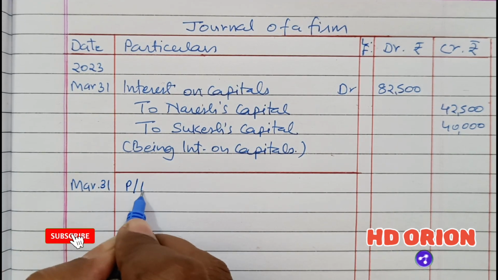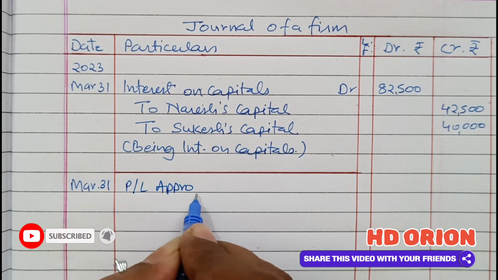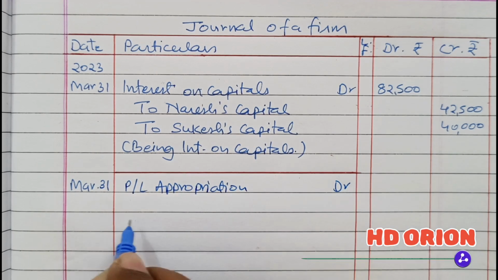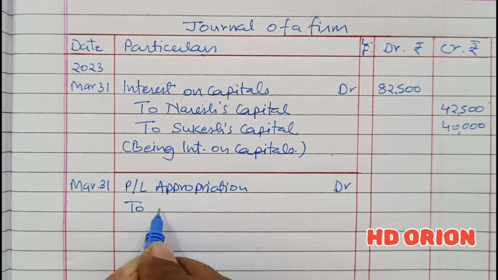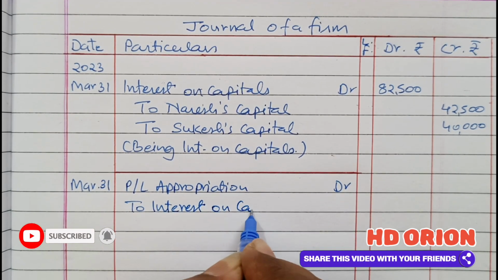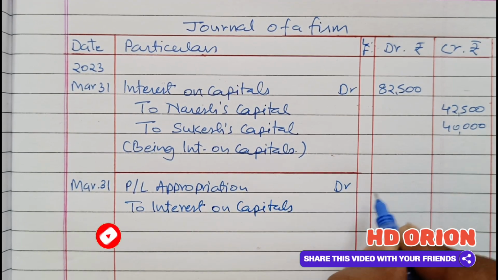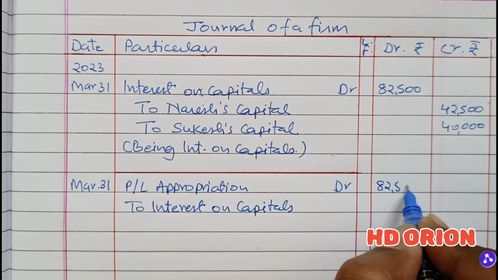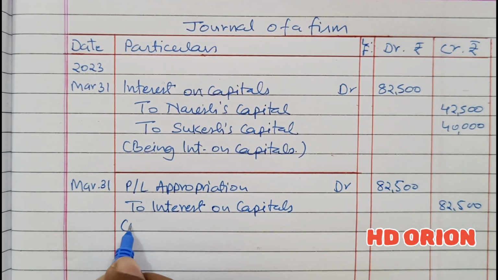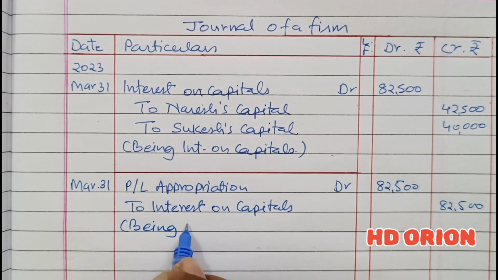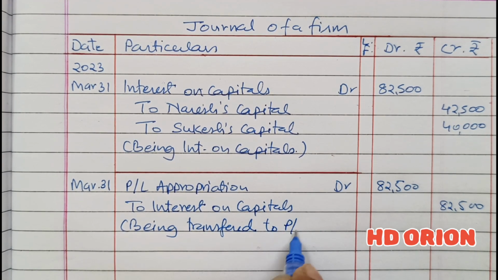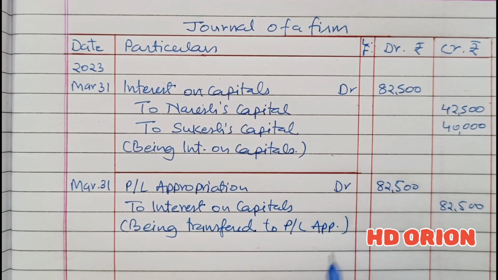So profit and loss appropriation account, because it is a part of appropriation of profit, to interest on capital, 82,500, being transferred to profit and loss appropriation.